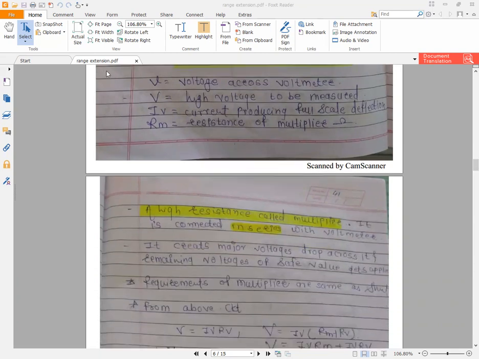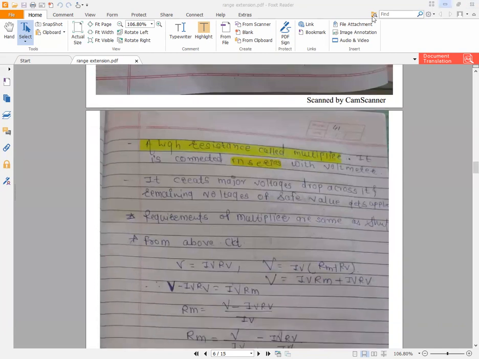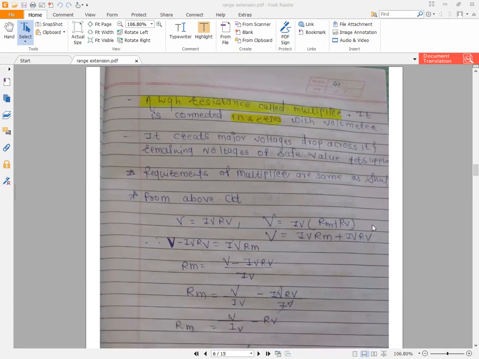Therefore, it creates a major voltage drop across it, and the remaining voltage is applied across the voltmeter. The requirements of the multiplier are the same as for the shunt: low temperature coefficient of resistance and high specific resistance. The requirements of the multiplier are totally similar to the shunt.